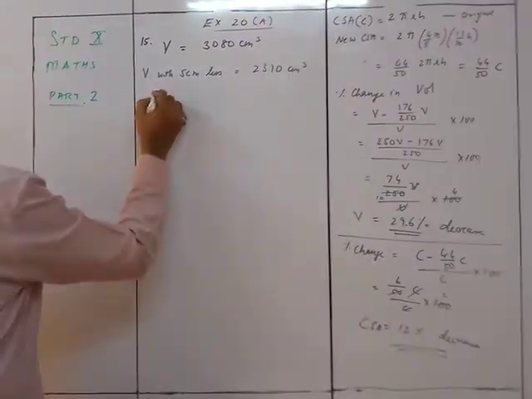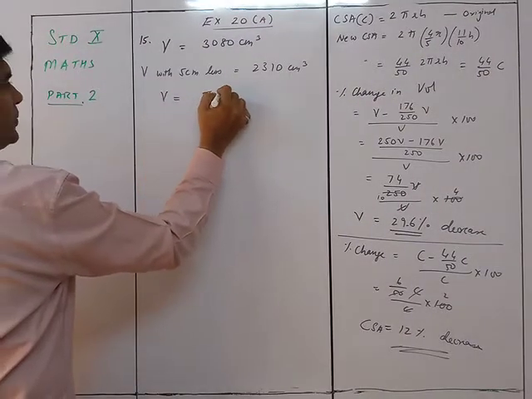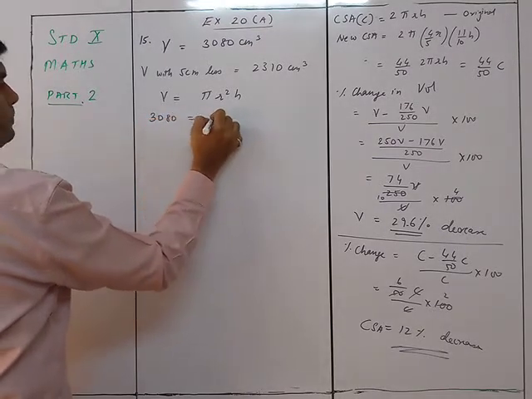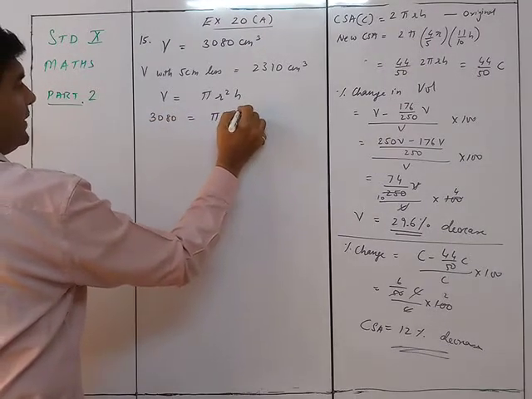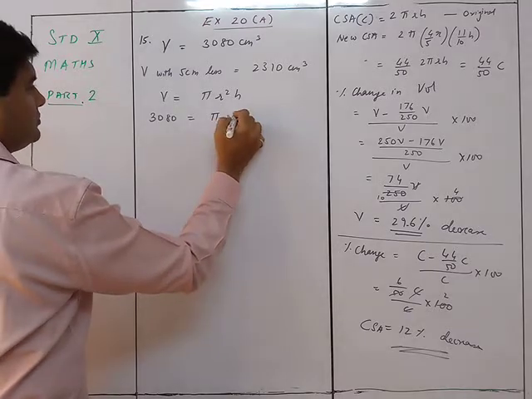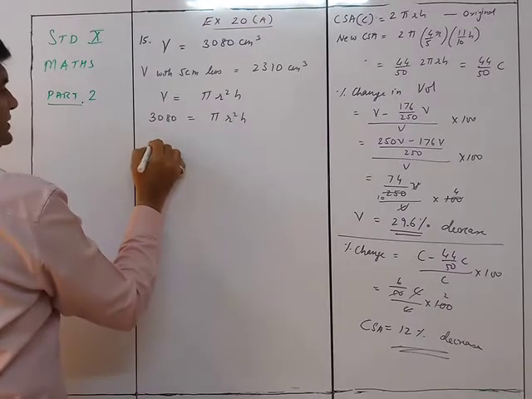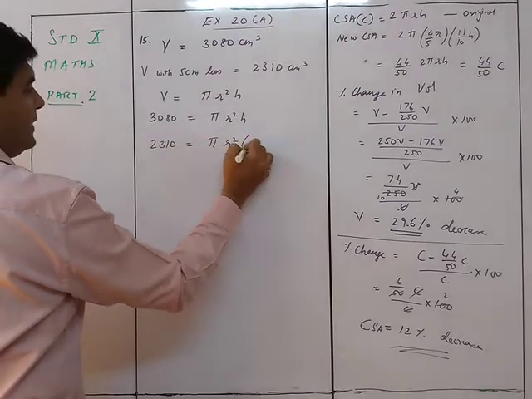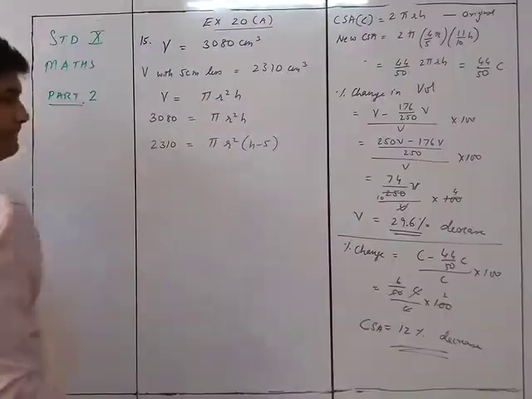So the first equation is V equal to pi r square h. So 3080 is equal to pi r square h. The second is 2310 equal to pi r square into h minus 5.